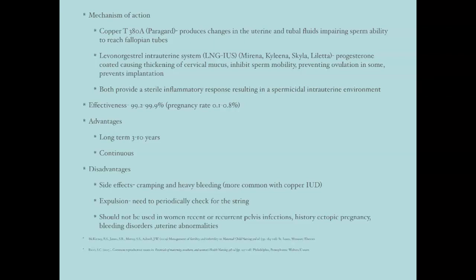We should not use them with women who have had recent or recurrent pelvic infection. That should be pelvic, not pelvis infections, like pelvic inflammatory disease, or a recent history of sexually transmitted disease, because this can actually turn into pelvic inflammatory disease. There may be a little bit higher incidence of ectopic pregnancy with the IUD, so women who have had a history of ectopic pregnancy may want to not use them.